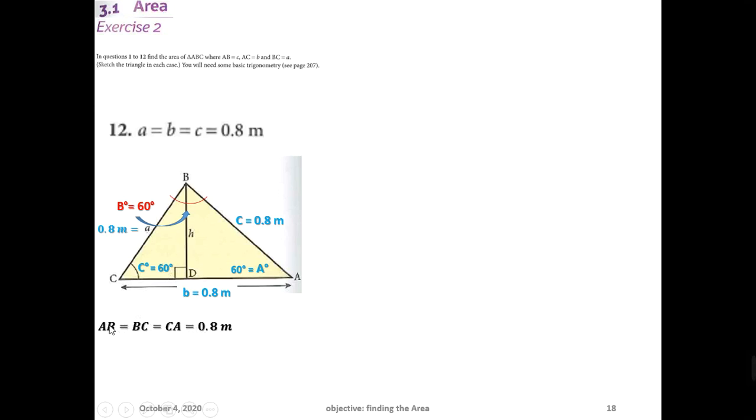So, once again, if side AB is equal to side BC is equal to side CA, all is equal to 0.8 meter, then this triangle is an equilateral. So angle A is equal to angle B is equal to angle C, which each one of them is equal to 60 degrees.